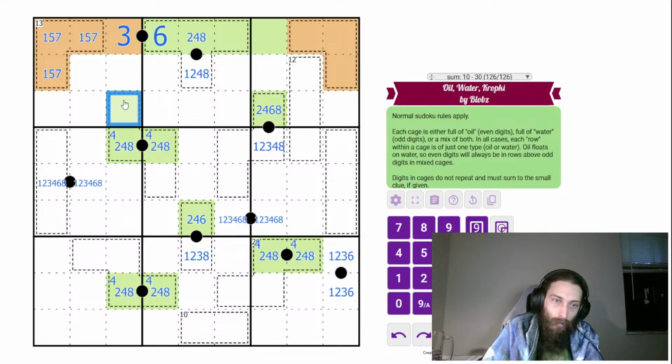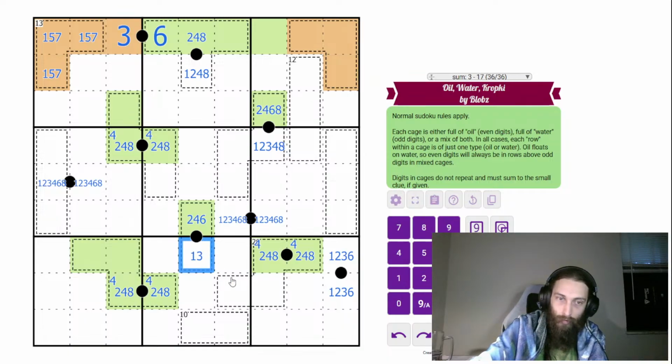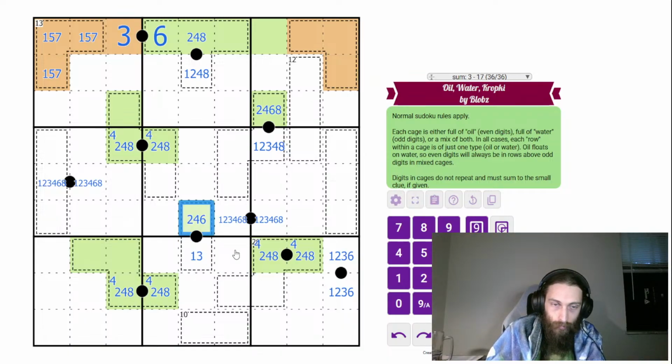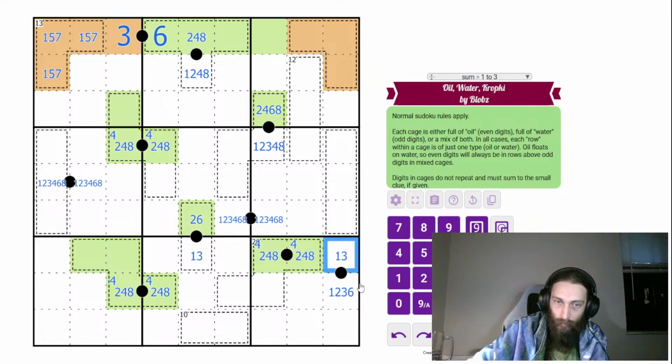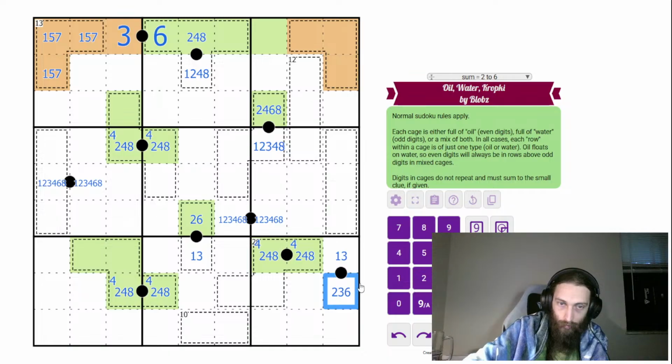Evens have to stay on top of evens. So 2 and 8 is out, so that can't be a 4. 6 is out, so that can't be a 1 or a 3.